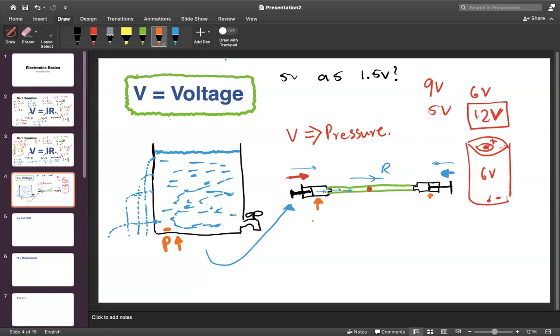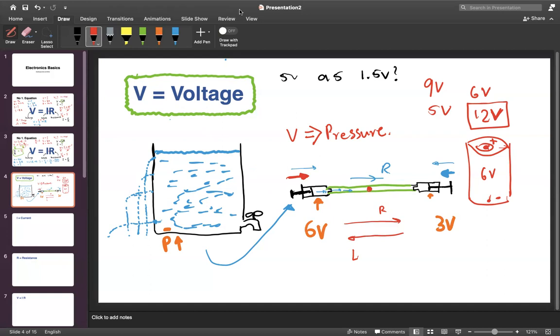There is a 6-volt battery connected here, right? And then there's a 3-volt battery connected here. Can you tell me in which direction the current is flowing? To the right, or is the current flowing to the left? What do you think? Both of you. To the right.